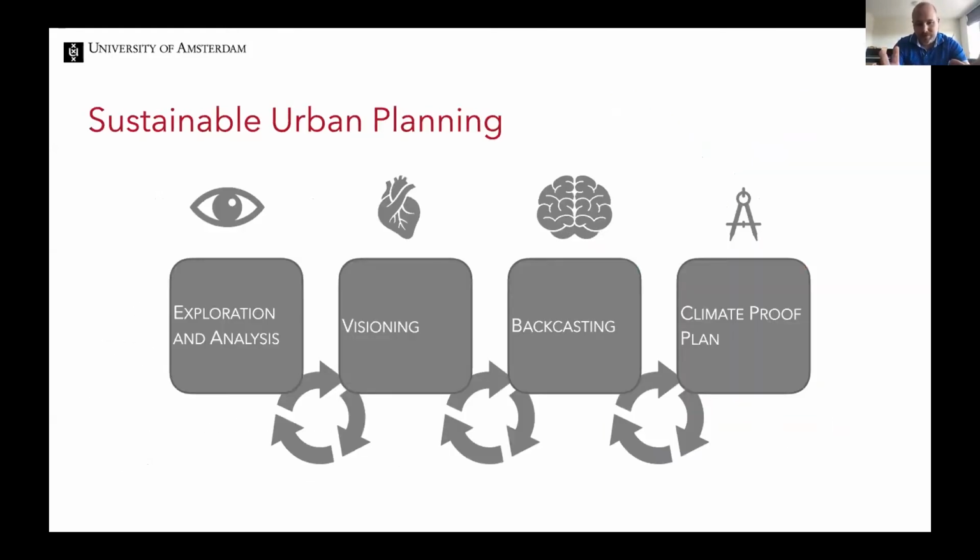And so we use this framework in general for their group project to work on a climate-proof plan: start with the exploration and analysis of understanding the problem, then try to create a vision, and then work from that vision in a backcasting exercise towards a final plan with an elaboration on it.